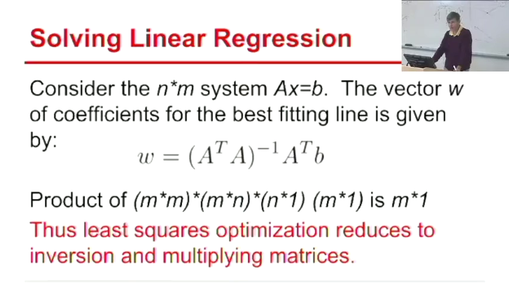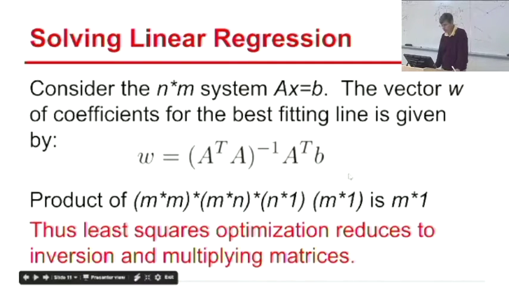Yeah. A W equal to B would have been solved as W equal to A inverse B simply. This fancy way of writing A transpose A inverse A transpose is equivalent to that, effectively? No, well, first of all, you say A transpose A is a symmetric matrix, right? A symmetric matrix you can take the inverse of. What if you don't have a symmetric matrix?